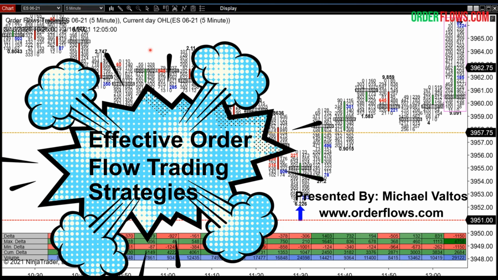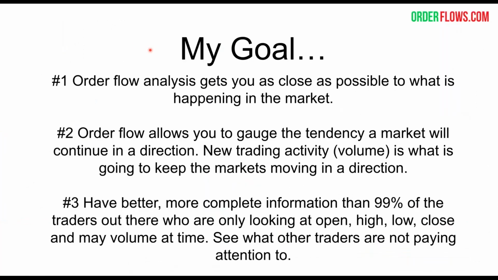And I think the best way to trade is by using the order flow, because basically order flow gets you as close to the market as possible, right? You want to know how the market is reacting to what's happening in the market, the current buying, the current selling. And that's important, right?